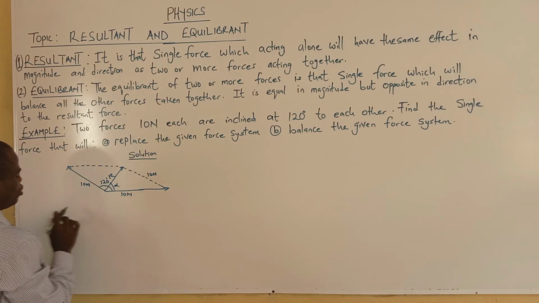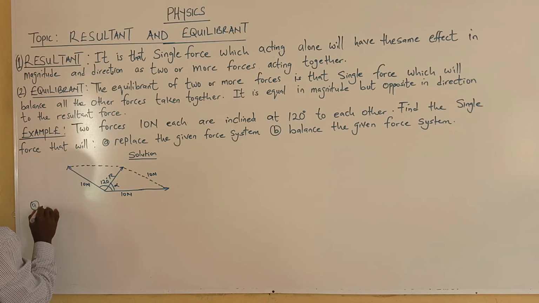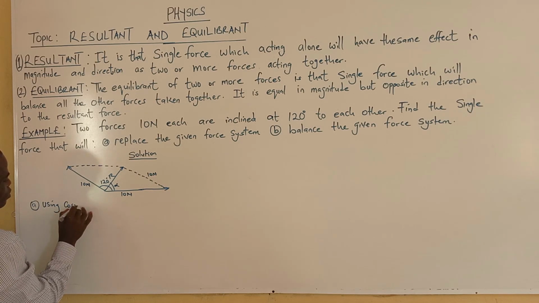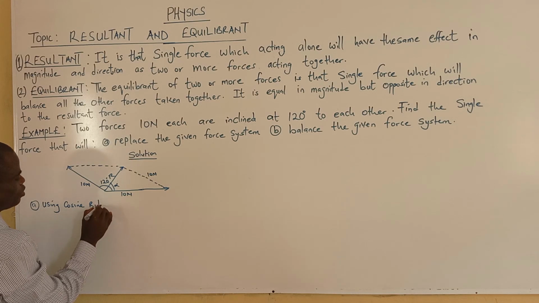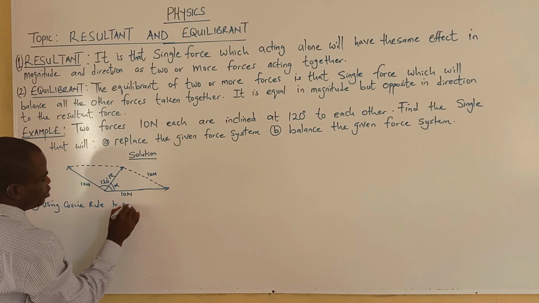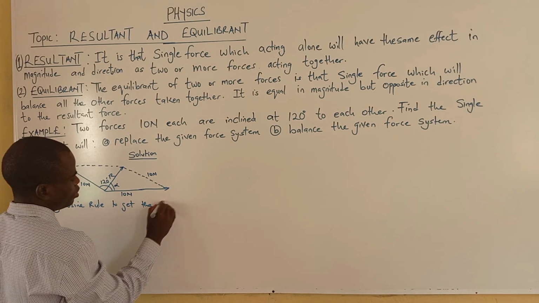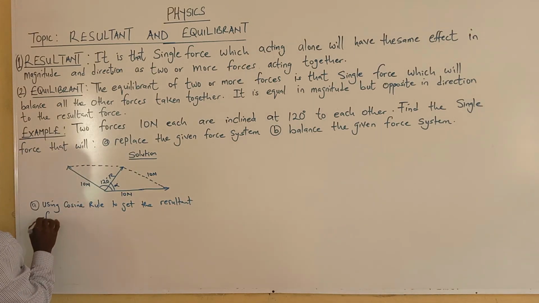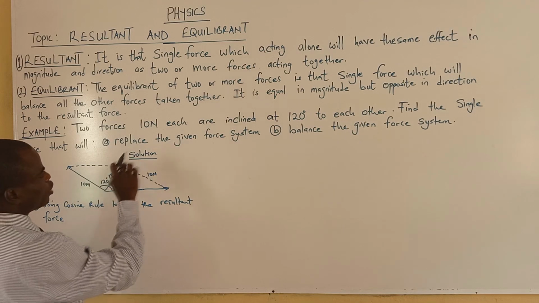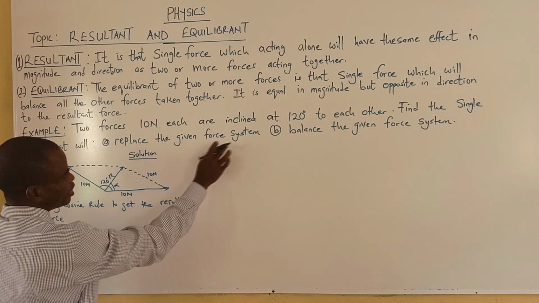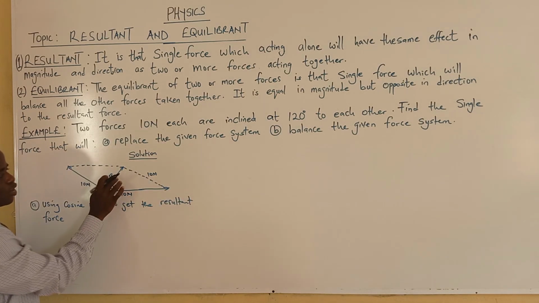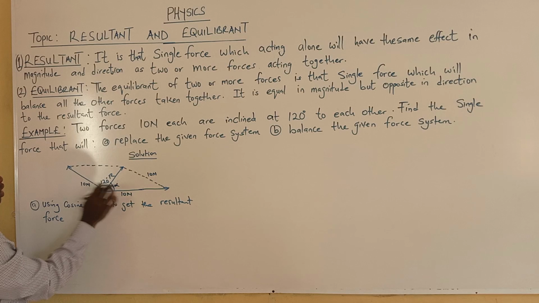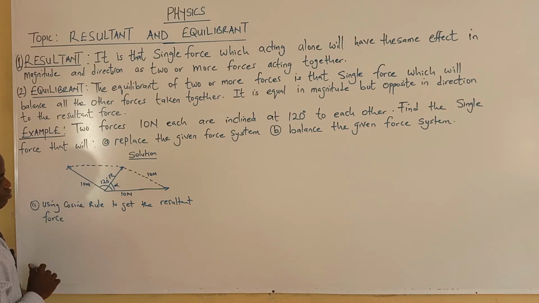Now for the A part, we are going to use the cosine rule to get the resultant force. We have to look for the single force that will replace the given force system. This is that single resultant force that will replace the given force system.